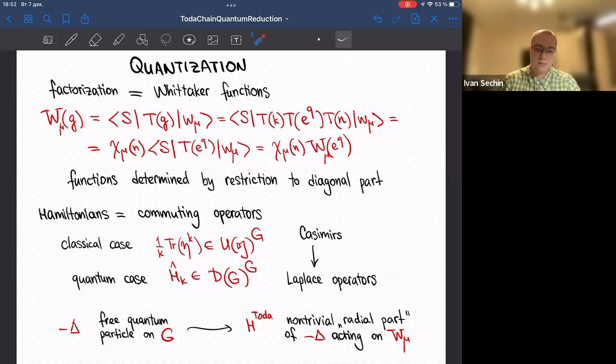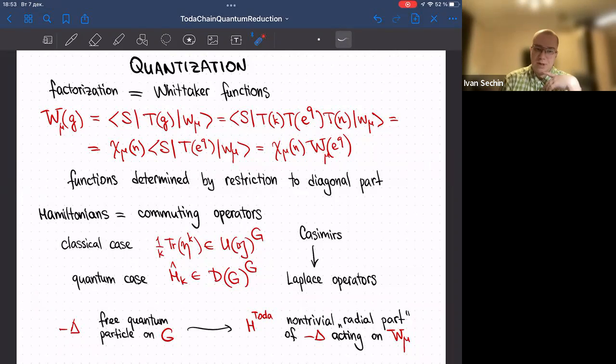And if we compute the action, for example, of Casimir C2 in the general case for all functions on a group, not only Whittaker functions, we will obtain just the Laplace operator.